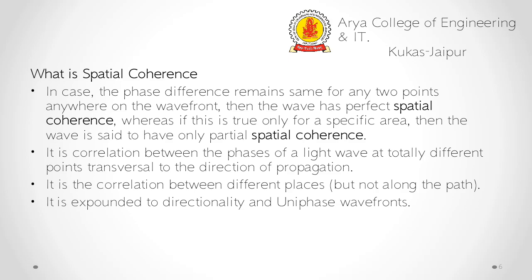It is the correlation between the phase of light waves at different points transverse to the direction of propagation. It is correlation between different places but not along the path.